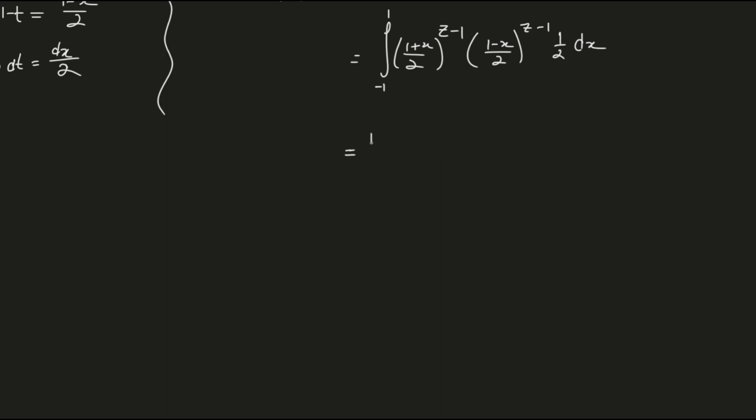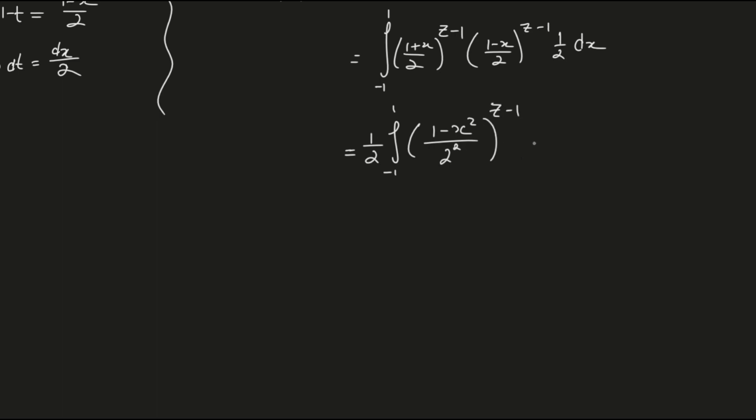Now I'll bring the half to the outside, integral from negative 1 to 1, and I'll combine both of these because they have the same exponent. So we would have 1 plus x times 1 minus x, which is a difference of 2 squares, it's 1 minus x squared, over 2 times 2, which I'll write as 2 squared for now.